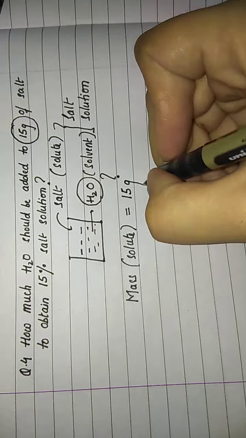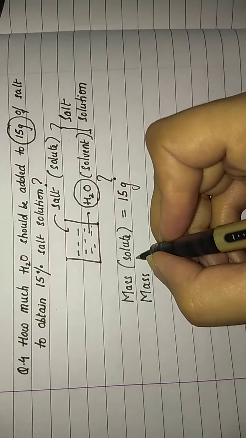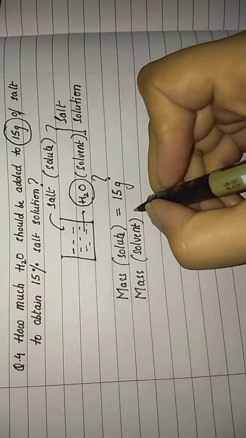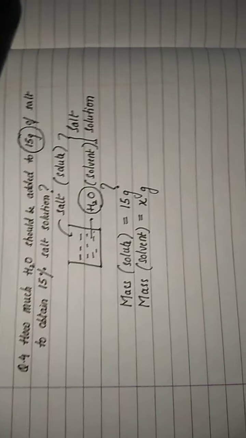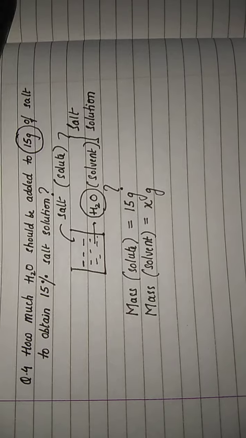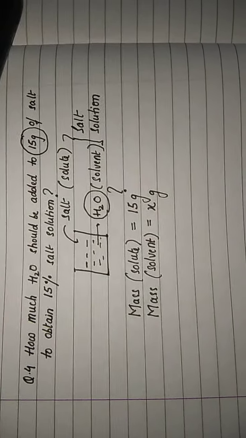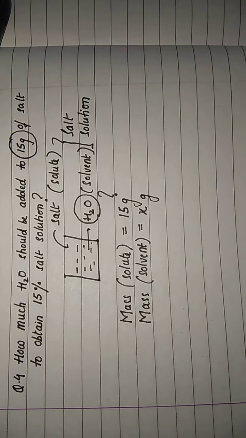It is 15 grams, but the mass of solvent, which was water, has not been given to me, so I take it as x grams. Okay, mass of water, how much water? The question is asking how much water is present or how much water should be added, right? So mass of water has not been given to me, so I take it as x grams, right?